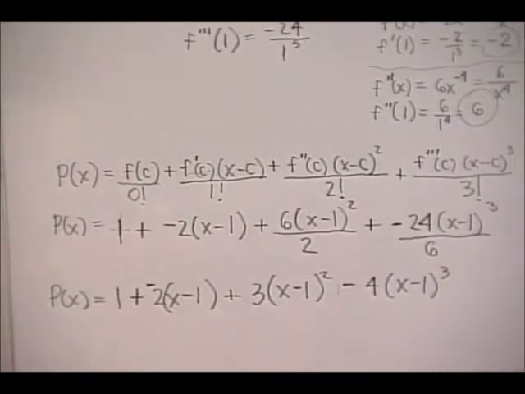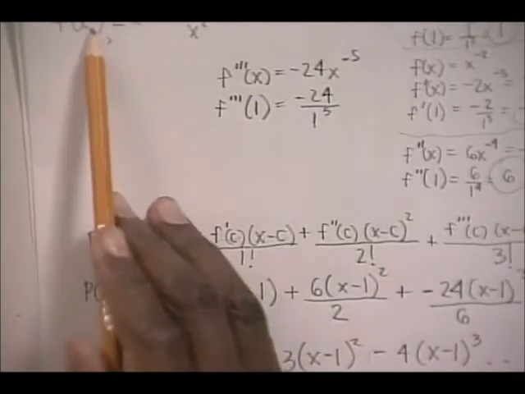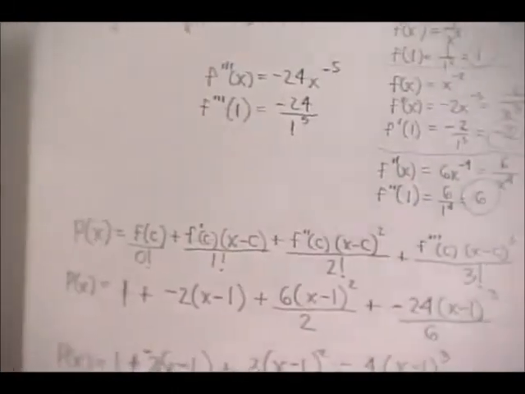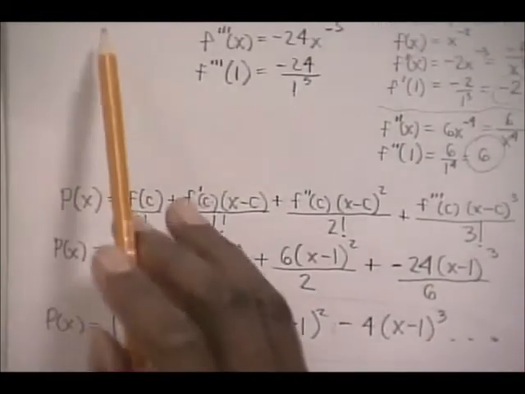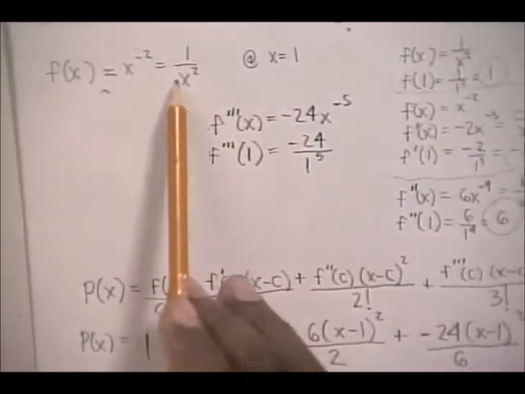All right, and we could go on and on and on. It's an infinite series of terms that represent 1 over x squared. So that's basically what this is all about. This is an approximation, a very, very good approximation of this common function, f of x equal to 1 over x squared.